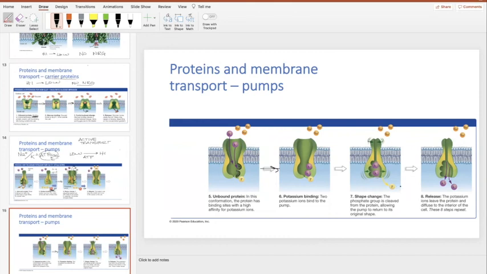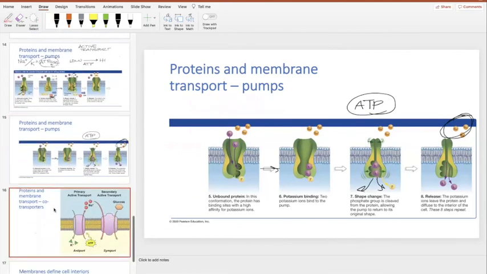The phosphate pops off, these become loosened, and the whole thing can start over. So the end result is we were able to move these positive charges and these sodium ions against their concentration gradient, but it required the use of some energy in the form of ATP.